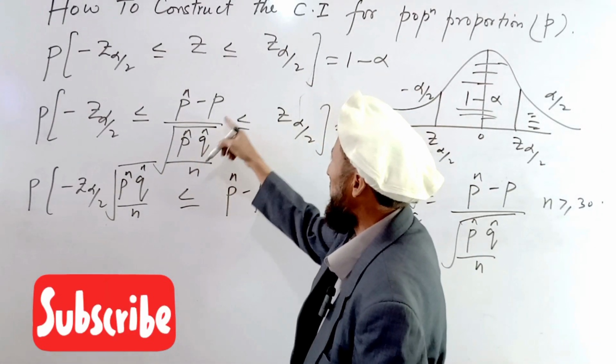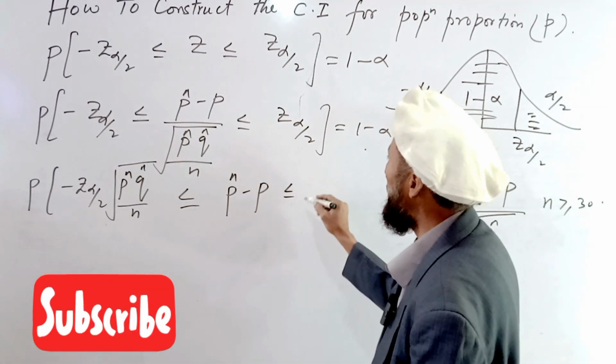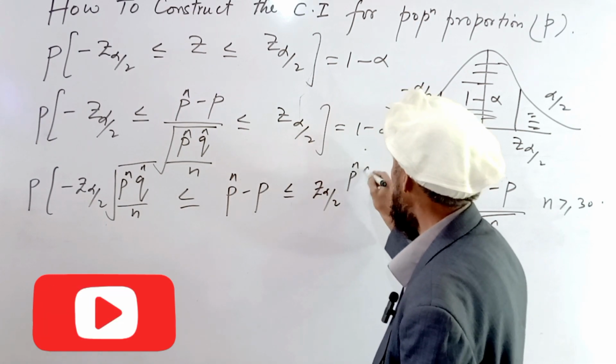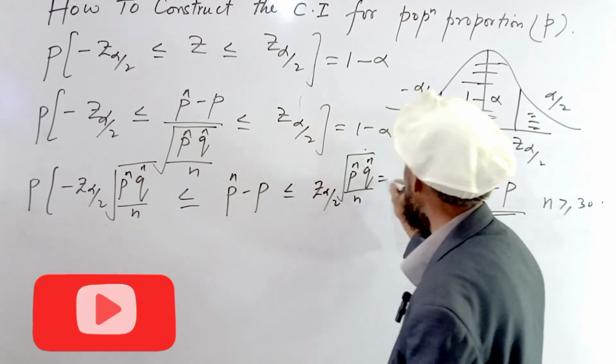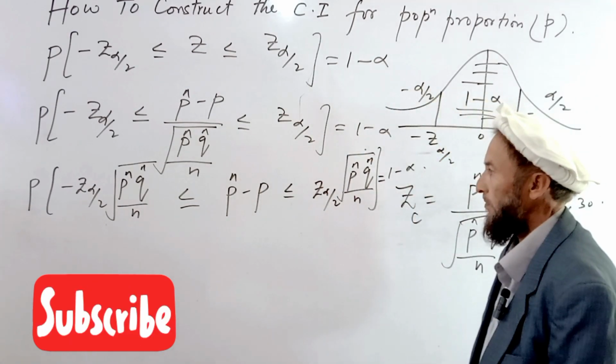If we multiply this term, both are cancelled here. So z alpha by 2 times the square root of p hat q hat divided by n is equal to 1 minus alpha.